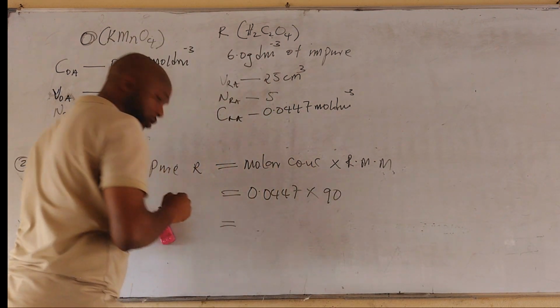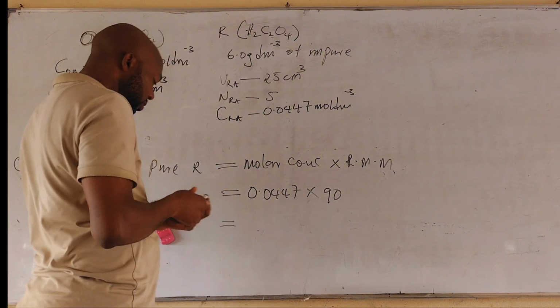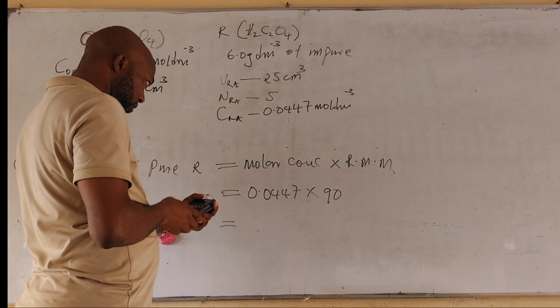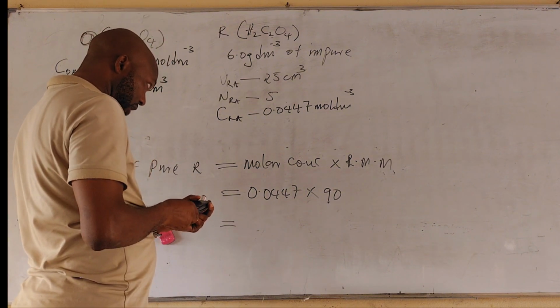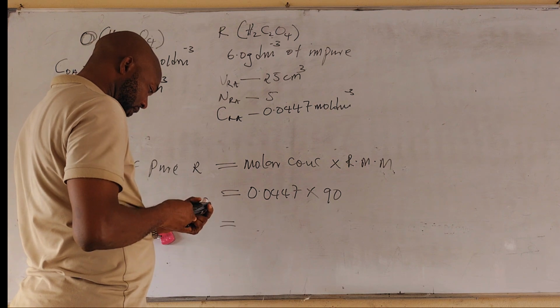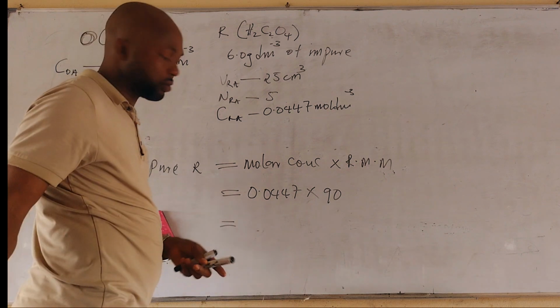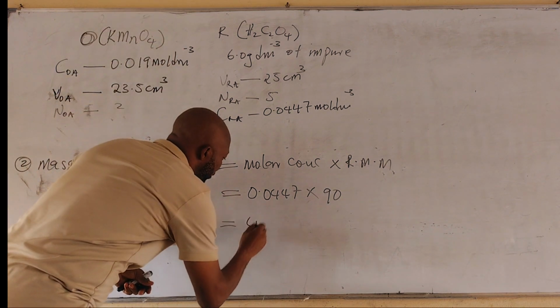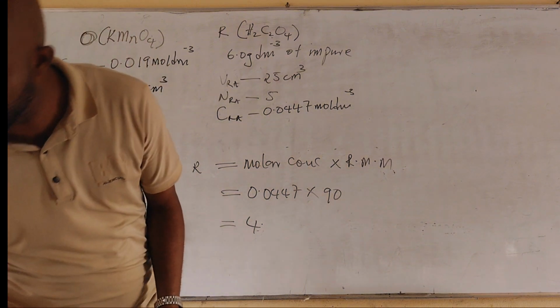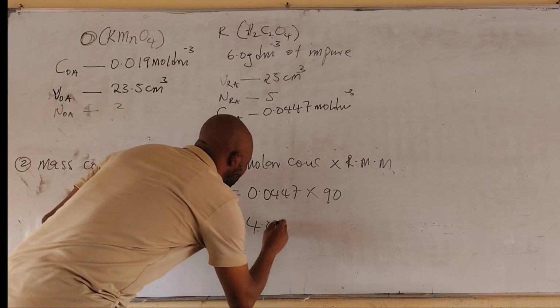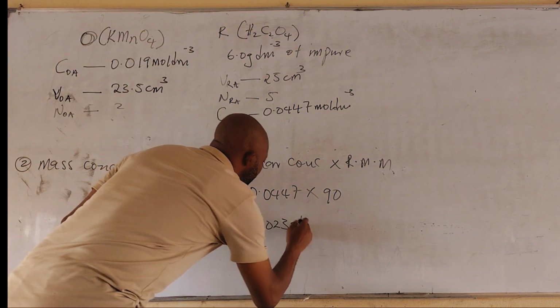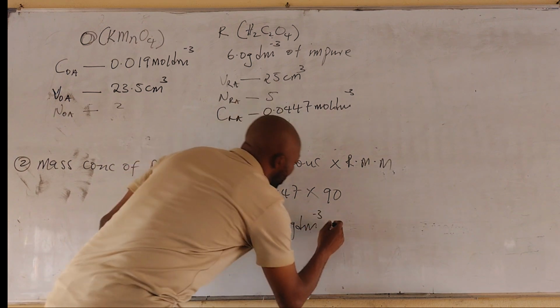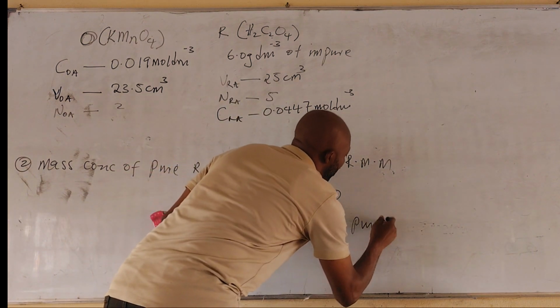So this is equal to 0.0447 times 90, which is 4.023 g/dm³ of pure R.